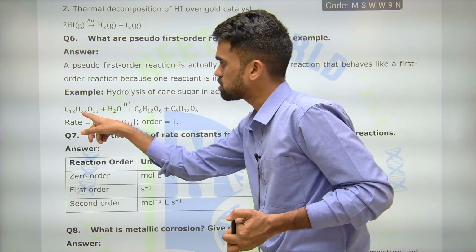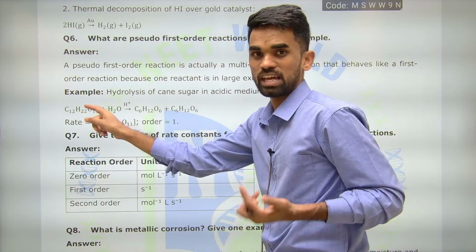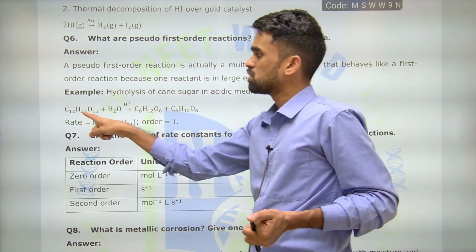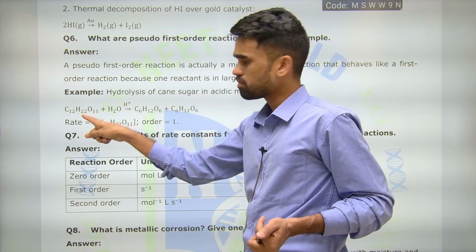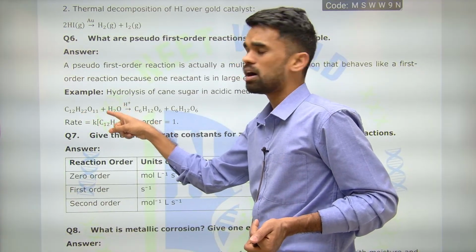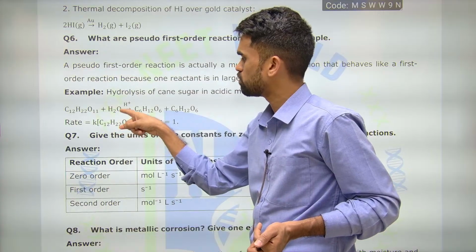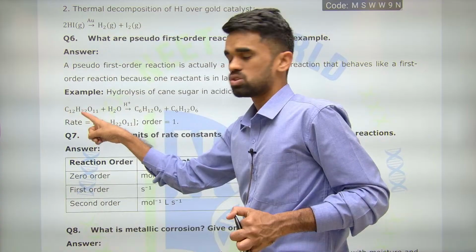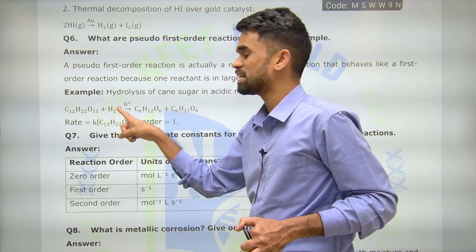For example, sucrose, that is cane sugar. Consider the hydrolysis of cane sugar in acidic medium. Here the reaction depends only on sucrose, because water is taken in excess amount.